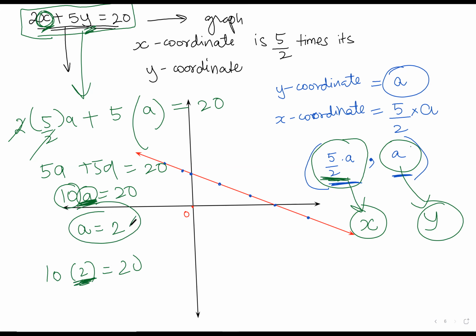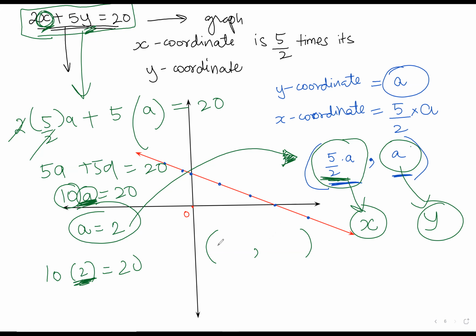If a is 2, then what does this point actually become? What is the value of this point? Can someone tell me? 5 by 2 into 2. Yes, you're on the right track.